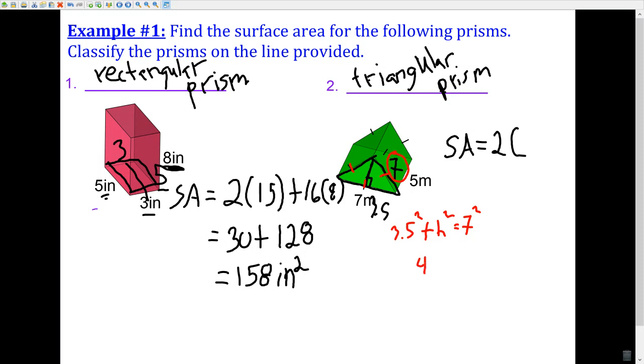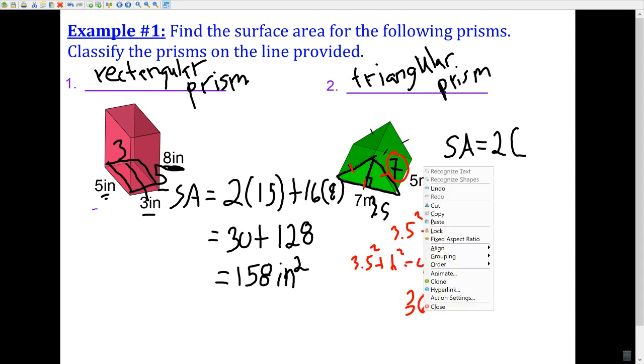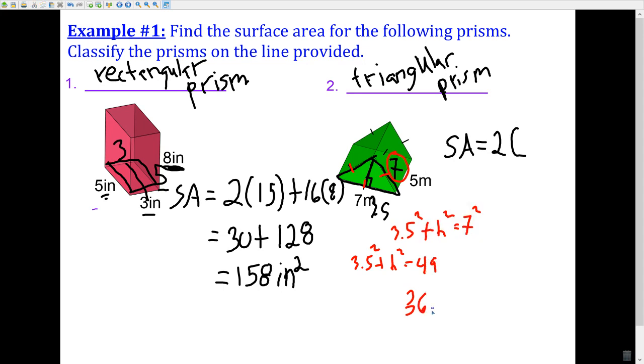You have 49 equals h squared plus 3.5 squared. When you subtract it, you should have 36.75 equals h squared. Then you take the square root of both sides.